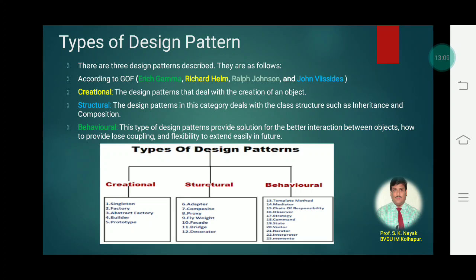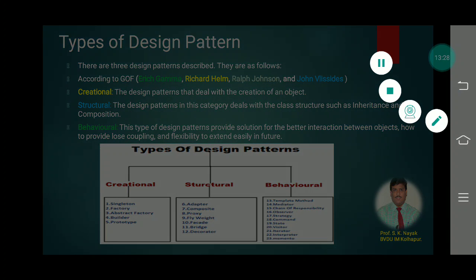So when you are establishing the behavior, links or interactions, you have to see that each and every object follows the loose coupling concept. Loose coupling means there should be minimum dependency, or no dependency at all. So the next sections we will discuss later on.